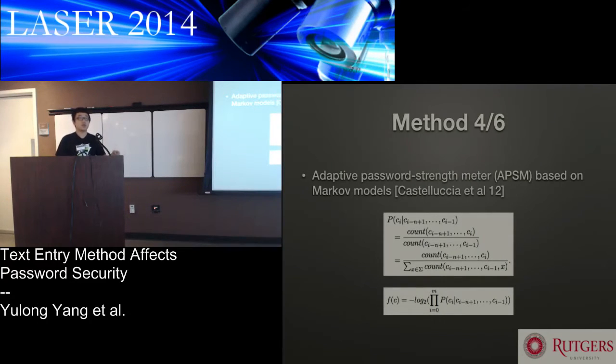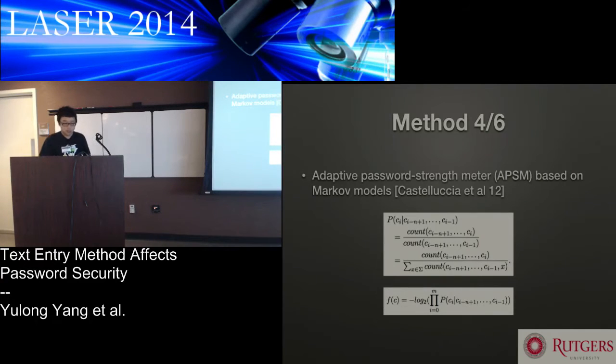In this paper, it used 4-grams. A 4-gram is a substring of length 4 occurring in the password. So if you have the password "password", the first 4-gram would be PASS, and the second one would be ASSW.